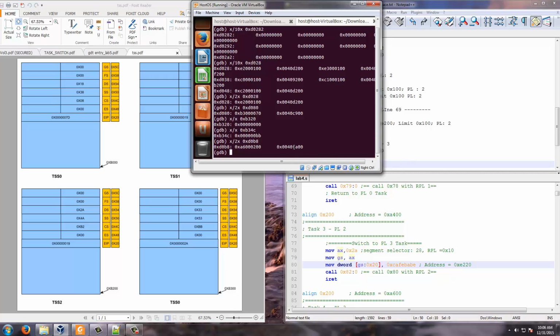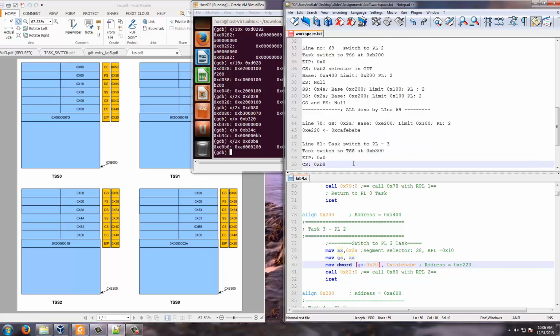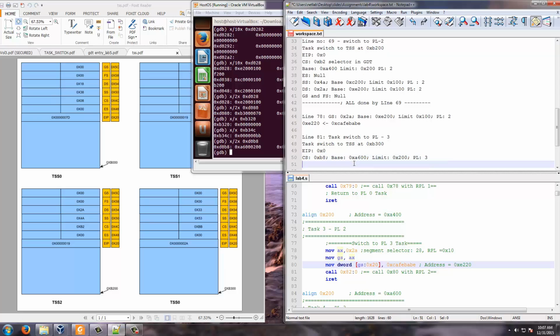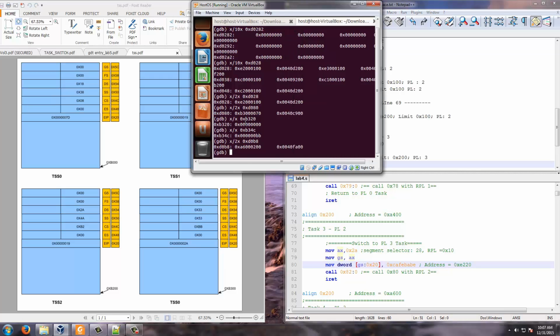GDT starts at D1000, so D0B8. This is a code segment of privilege level 3, please note, starting at 8600. So base is 0xA600 and limit is 0x200 and what else? The privilege level is 3. So when I switch to this particular task, I am now going to execute at privilege level 3.